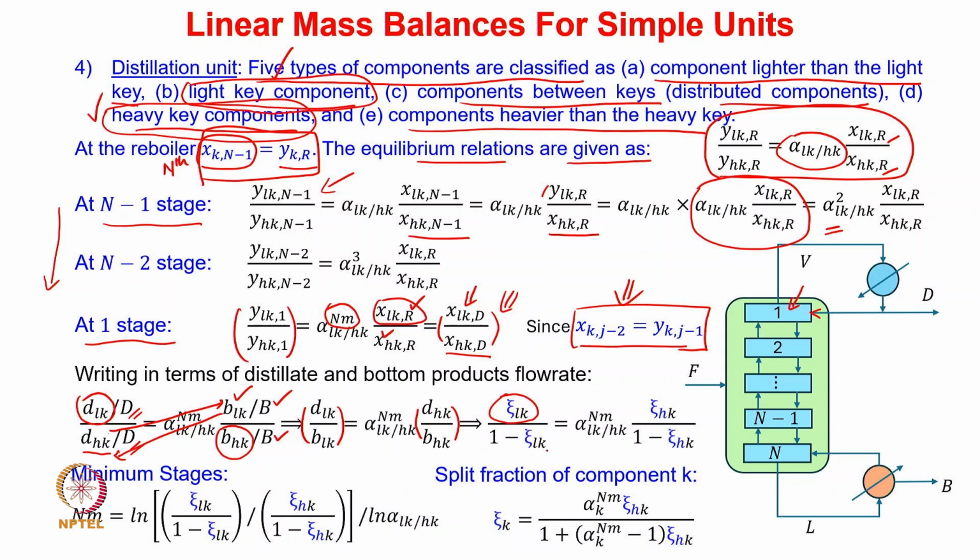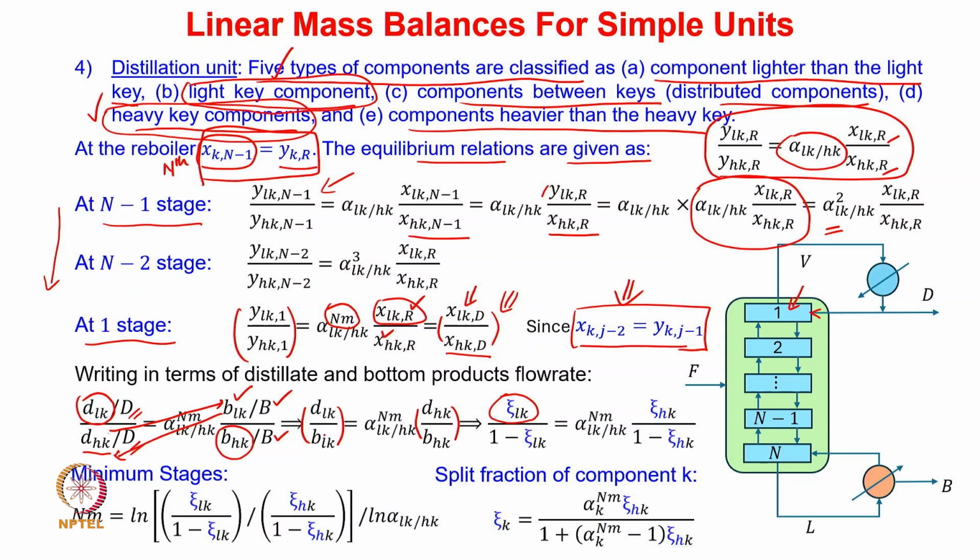So you can see that this we can write down as zeta Lk divided by 1 minus zeta Lk. Remember, dLk can be represented as zeta Lk into inlet flow rate, isn't it? Similarly, BLK can be represented as 1 minus zeta Lk into inlet flow rate, and that inlet flow rate is common, so that will get cancelled out.